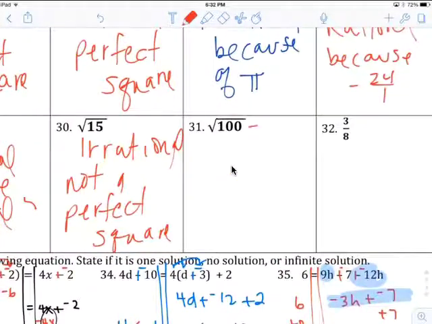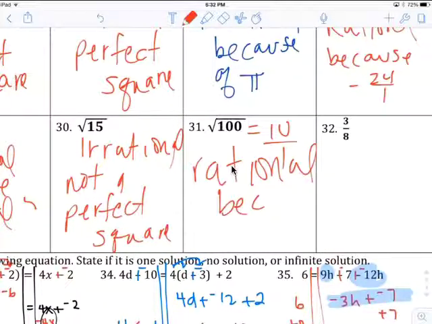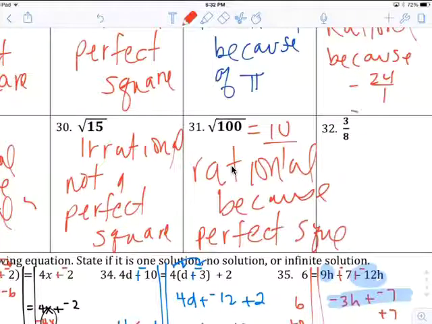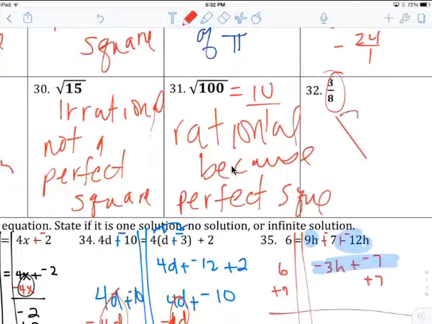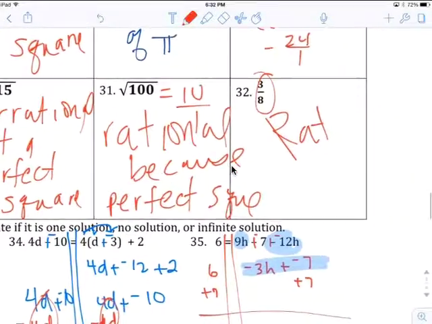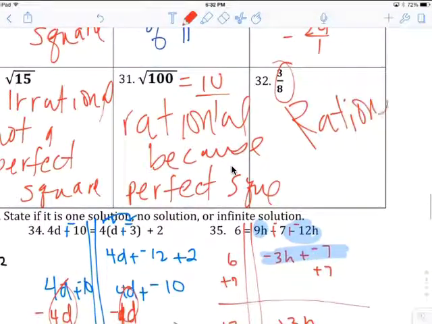This is rational because it is a perfect square. Okay. And then this is just a fraction. It is rational. Any fraction, all fractions are rational. That's a definition of rational.